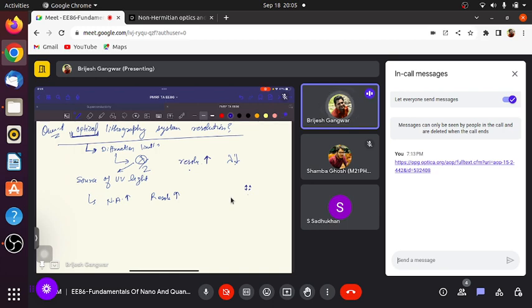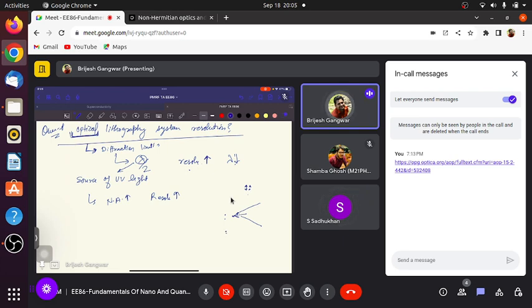And the numerical aperture, because numerical aperture is something like, if it is the objective, then how much angle it can collect, so that will depend on numerical aperture.